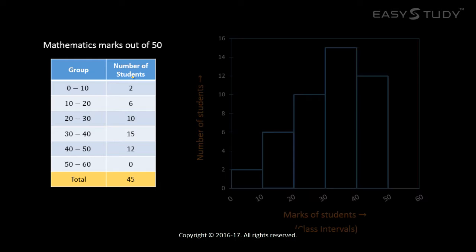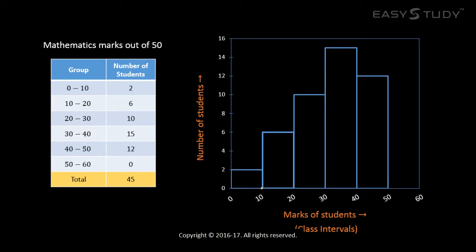Let's plot a graph. X-axis shows class interval and y-axis shows number of students in that class interval. There are 2 students in class interval 0 to 10. Therefore, the column height of this class interval is 2.